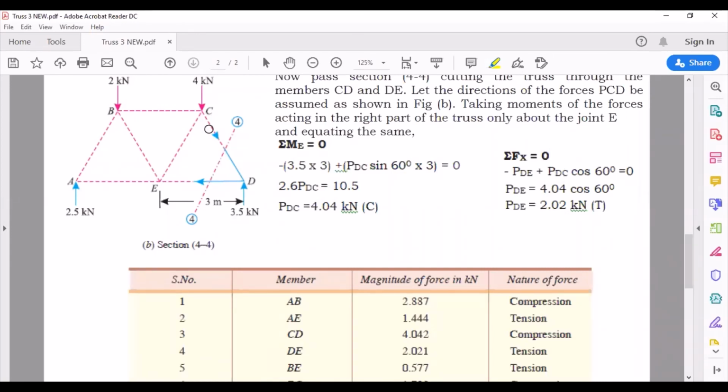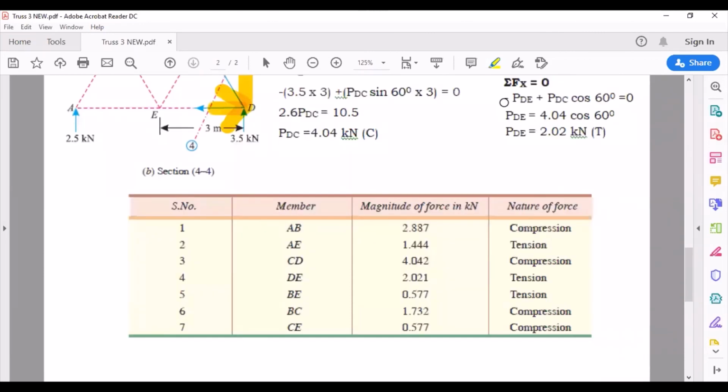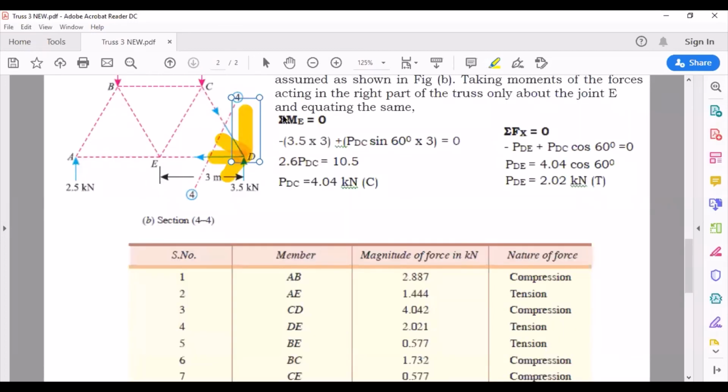This is the horizontal component and this is the vertical component, in the rightwards direction. So it is PDC cos 60 with the positive sign. Thereby you will get PDE is equal to 2.02 kilonewton after solving it. The direction of PDE is moving away from the joint, therefore it is a tensile force.